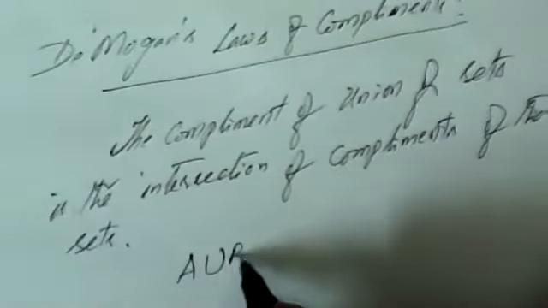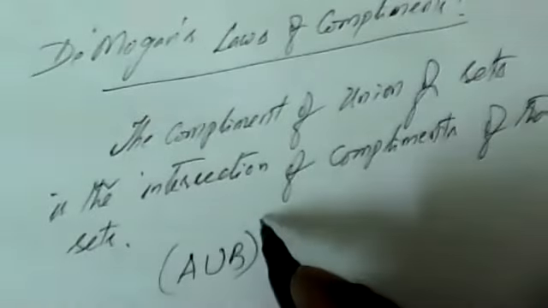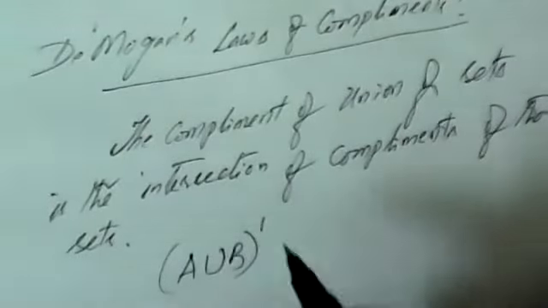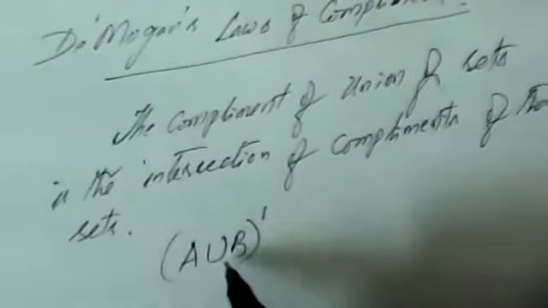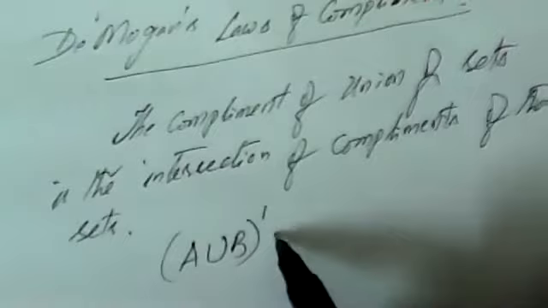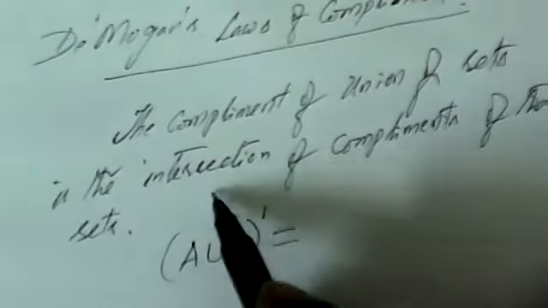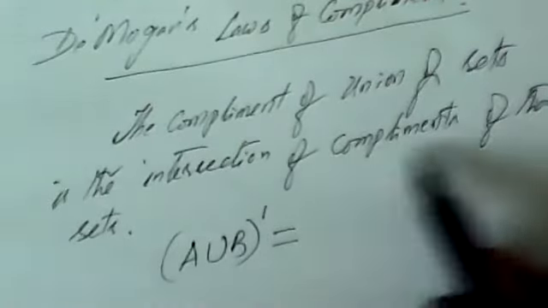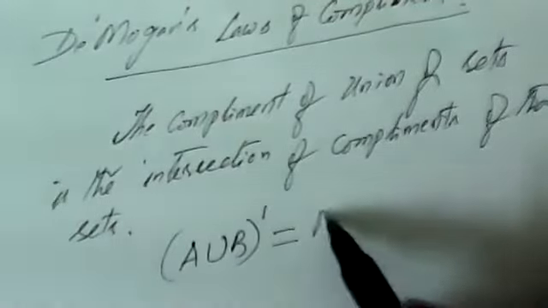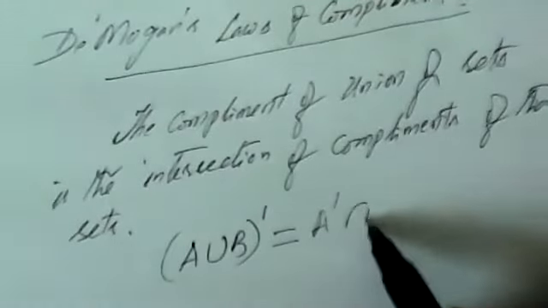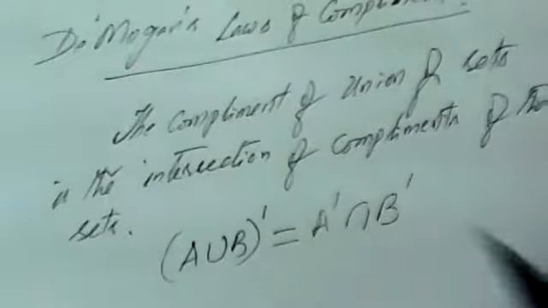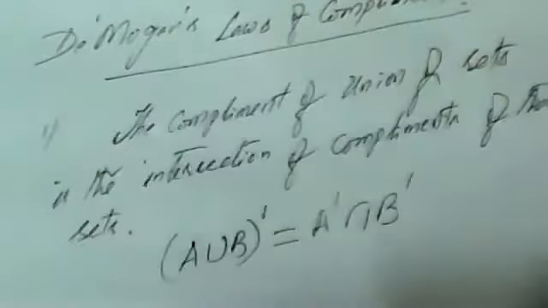So how we write is A union B whole complement, that is called complement of union of two sets, equals to intersection of the complements of the sets. It is A complement intersection B complement. This is first.